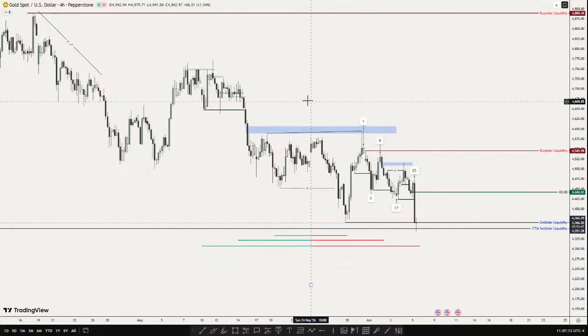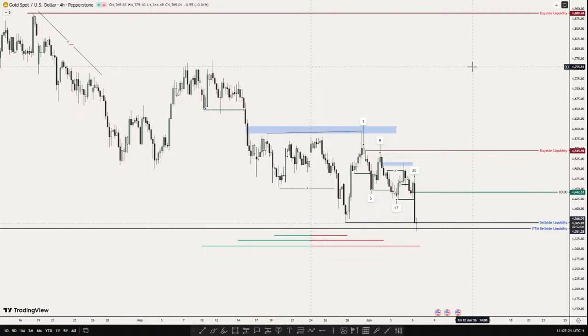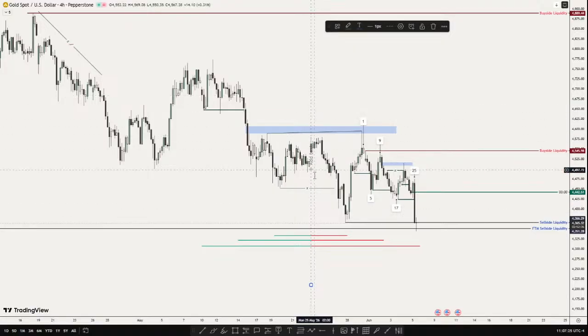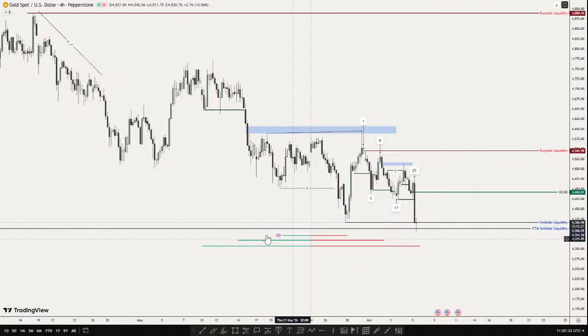This is a step-by-step process. Whenever a new week starts, you have to mark out the starting of the previous week. Then you look back 20 candles, 40 candles, and 60 candles to the left of the start of the week.